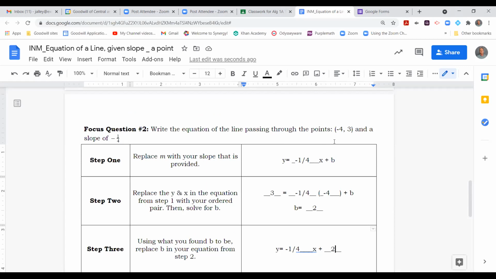Now, the other thing about this particular setup here with 1 point and the slope, did anybody think about using point slope form? Because point slope form is tailor-made for this.